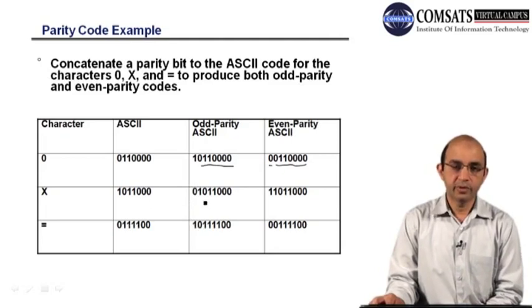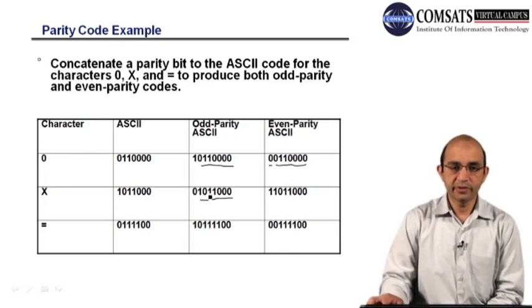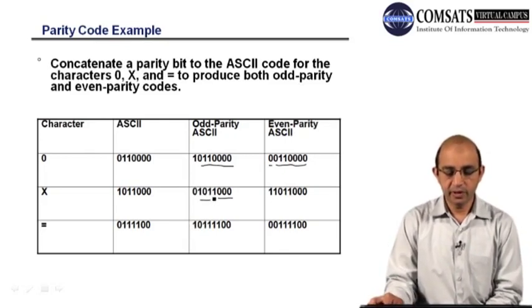If your system knows that we are using odd parity, the receiver side will count the number of ones, right? So if they are odd, right, because this is the original data and the number of ones has to be counted over here, right?